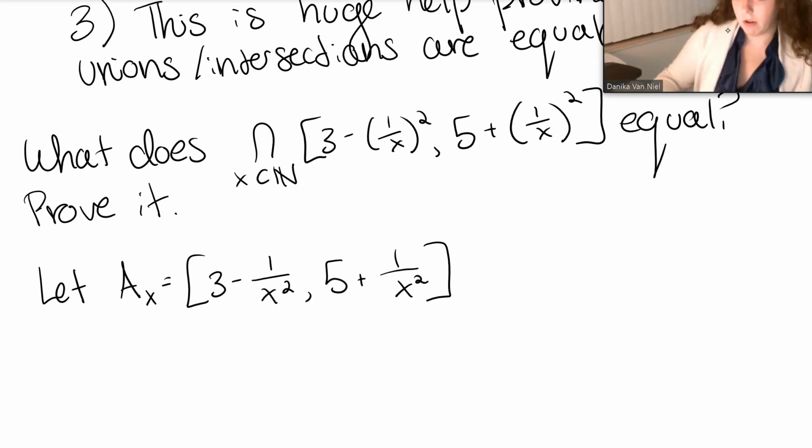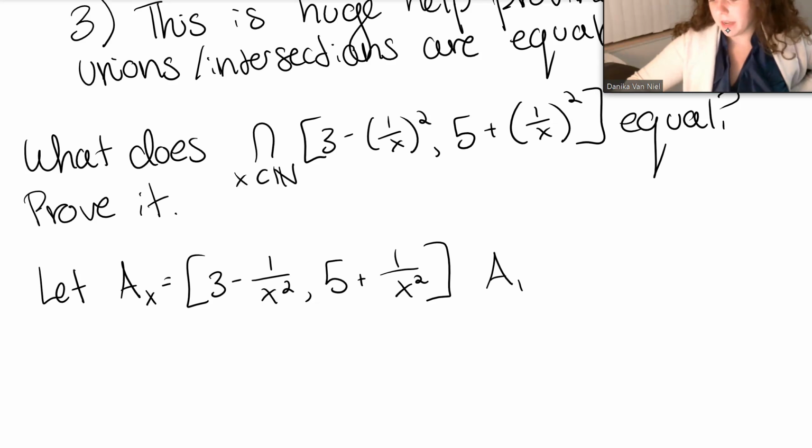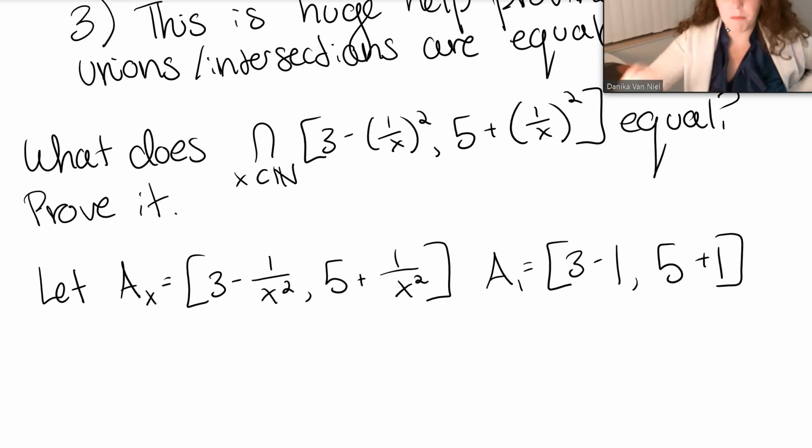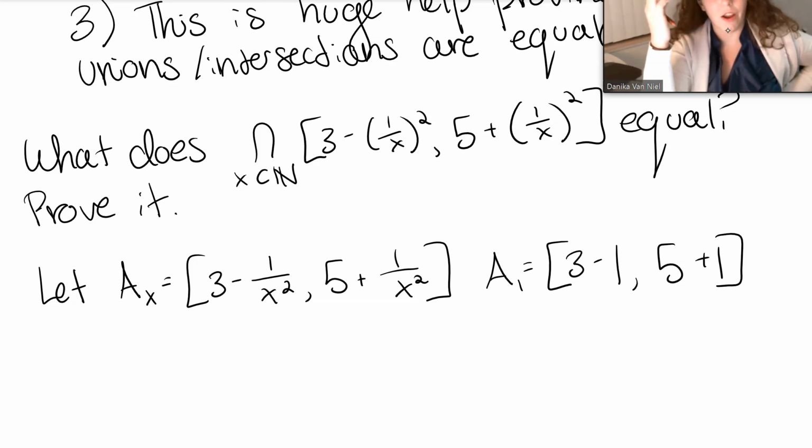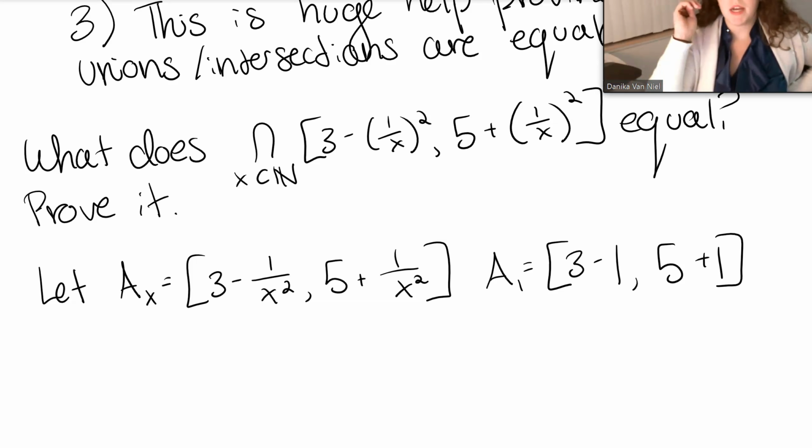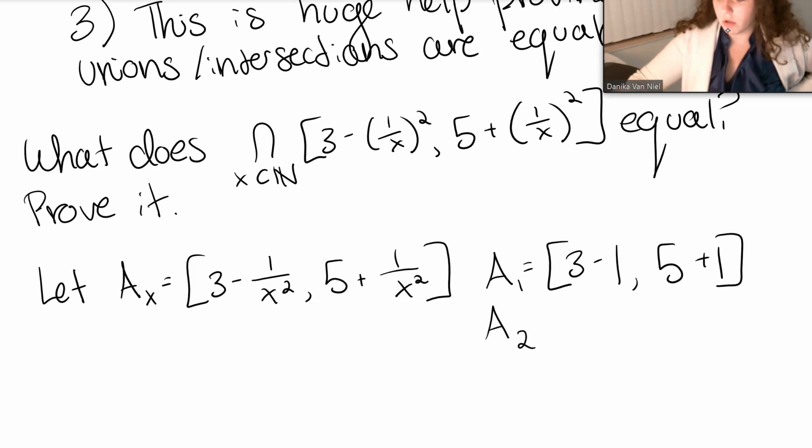So if I want to talk about, let's say, A1, that would be 3 minus 1 and 5 plus 1. And you might be thinking, well, Danica, can't you just do that in your head? And I can, but it's not going to illuminate the pattern in the same way as if I just wrote 2 comma 6.